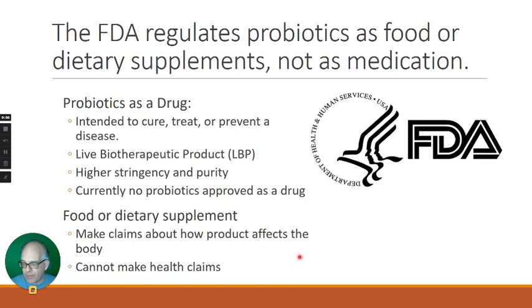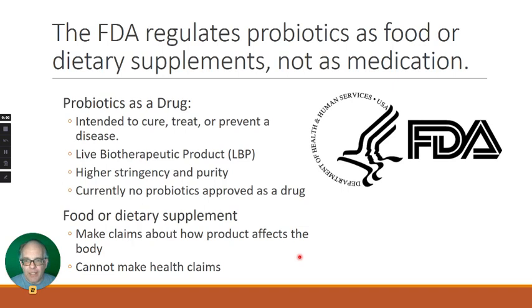And so we've heard, especially over the last couple months, about FDA approval of new vaccinations or new medications for treating COVID. So there's a stringent requirement for treatment of conditions, if it's a drug, if it's a medication.